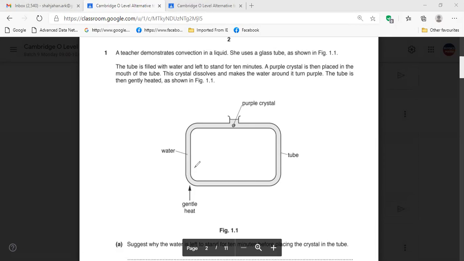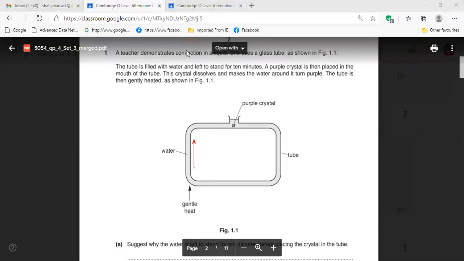You can give the arrow here like this, here or here, or anywhere here. Sir, I give an arrow next to the crystal, on the right side. Yes, it's fine. You are giving it on the right side. You can also give it here.